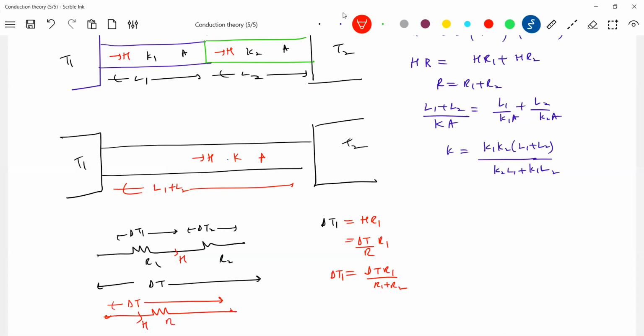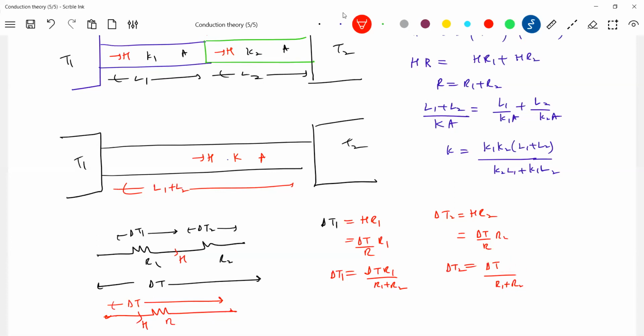Delta T is the sum of the temperature differences across the individual resistors when they're in series. Across each element you can write it: delta T1 is equal to H into R1. Similarly, delta T2 equals H into R2. What is H? Delta T by R. So delta T2 is delta T times R2 by (R1 plus R2).